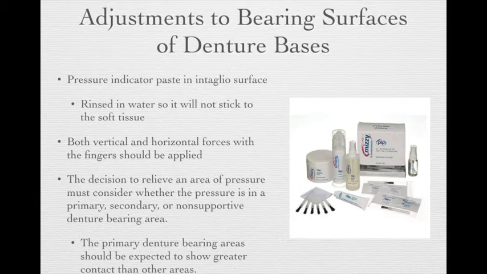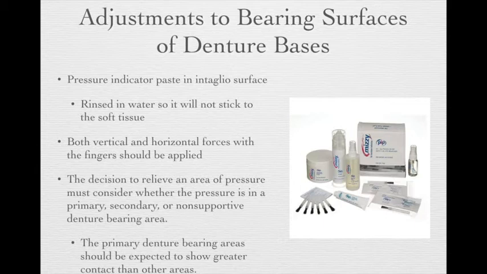The most common question in the clinic is, how do I know where I should remove? Should I remove all the show-through spots I saw on the intaglio surface of the RPD? The answer is no. The decision to relieve those areas should be based on their locations.